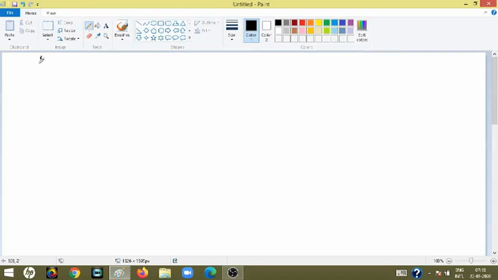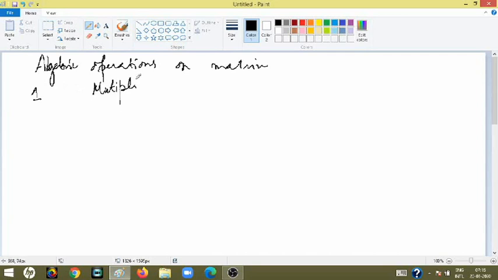Now let us see the algebraic operations on matrices. 1. Multiplication of A by a scalar.